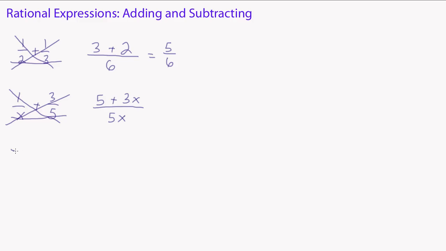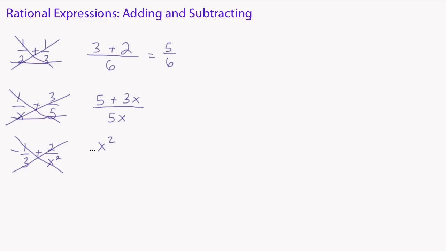Let's say we had negative 1 over 3 plus 2 over x squared. Not a problem. First, we're going to worry about multiplying. 1 times x squared.